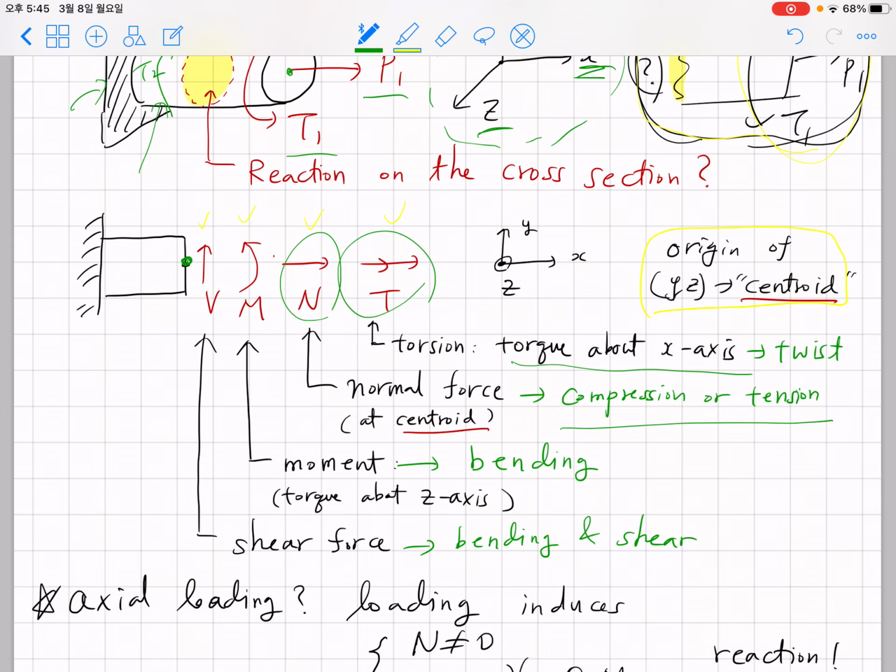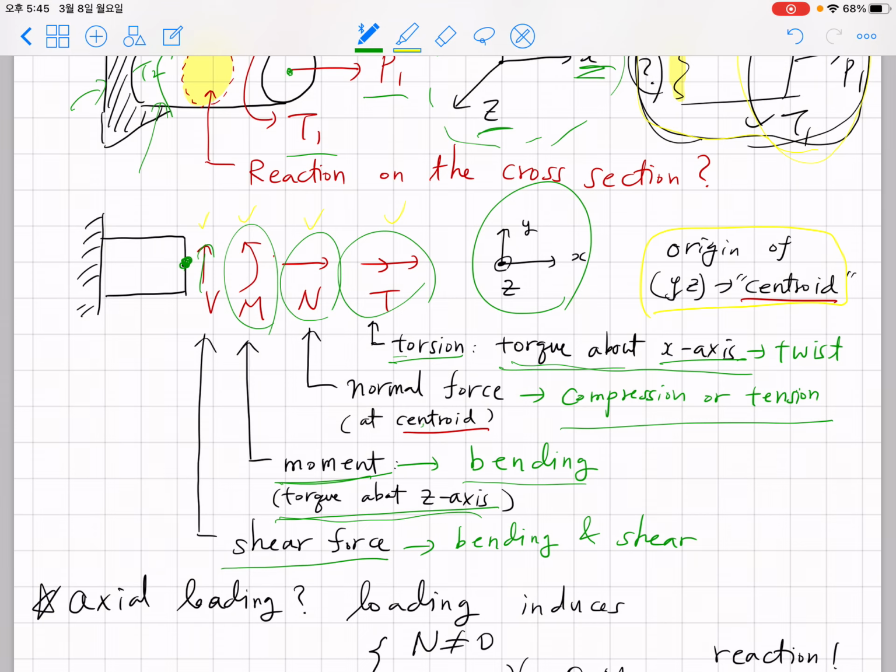You can also think about torque M acting on this centroid point, and we call this a moment, and it concerns bending, or according to this XYZ coordinate system, it's torque about the z-axis. Okay, so please see here you have torsion, which is torque about the x-axis, and moment, torque about the z-axis, acting at the centroid point. Now you have shear force that acts parallel to this cross-section area.